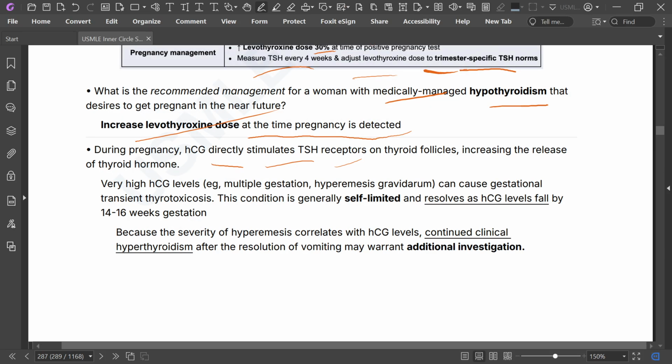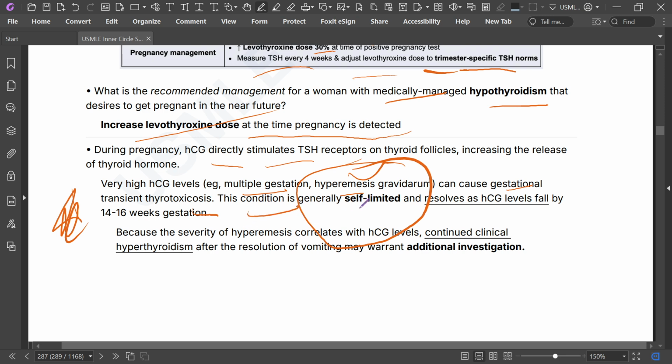Very high HCG, multiple gestation, and hyperemesis gravidarum can cause gestational transient thyrotoxicosis.